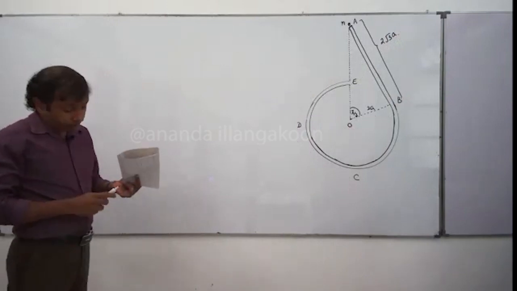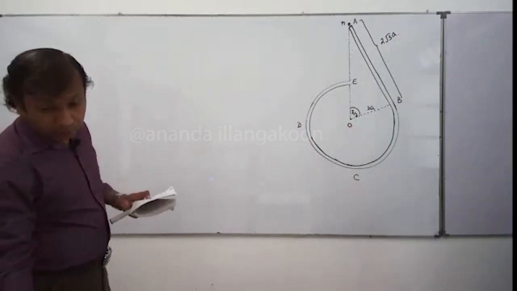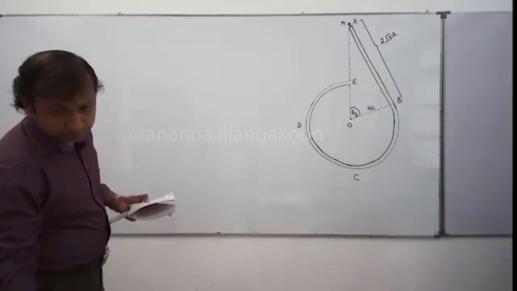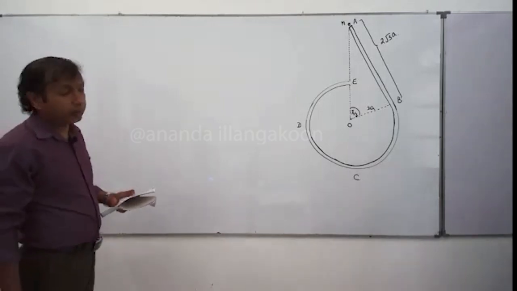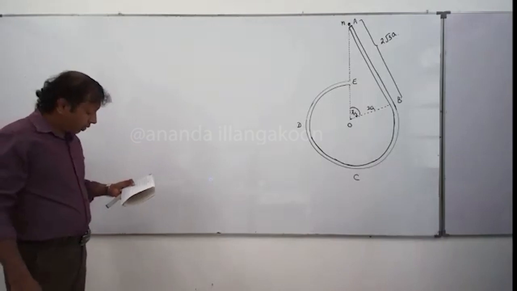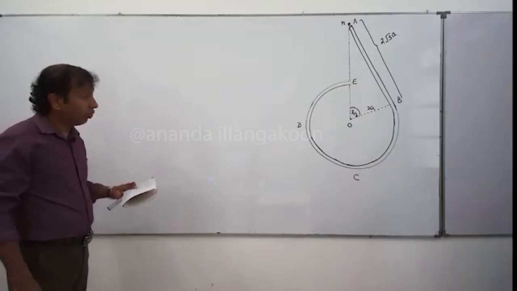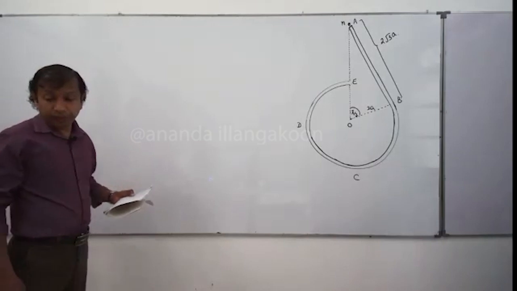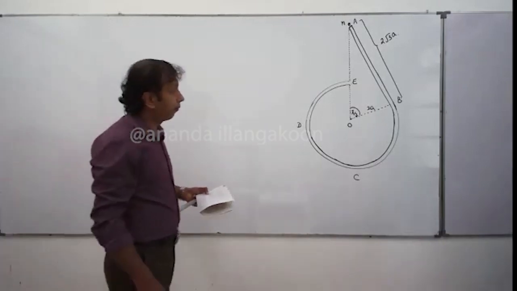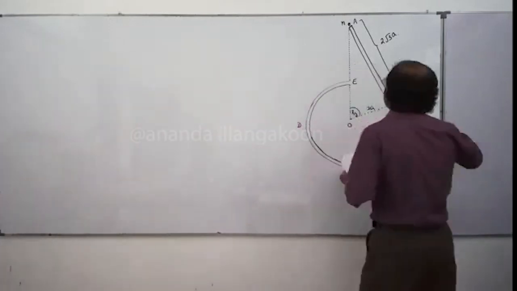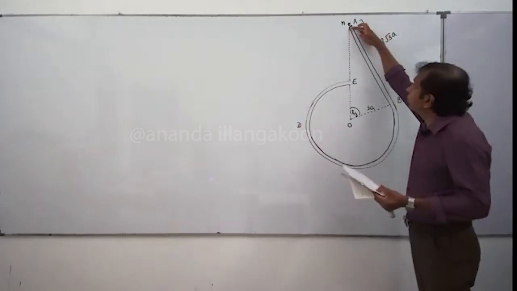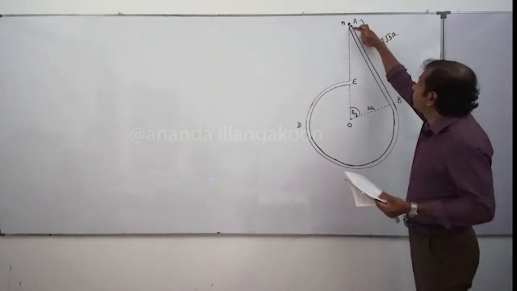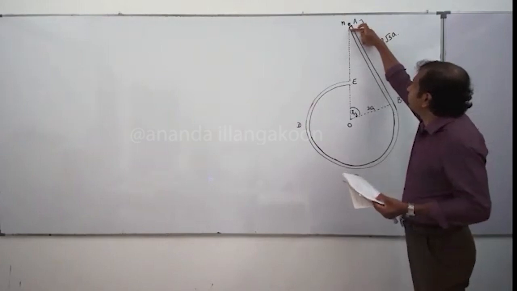Now, we are asked to find the velocity. The particle moves on this AB part with constant acceleration.